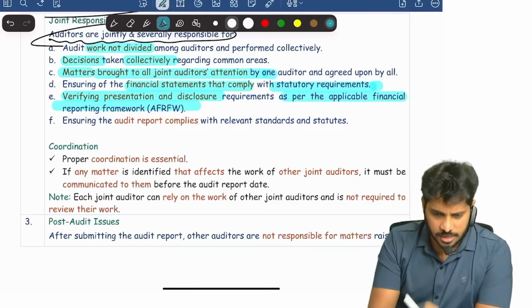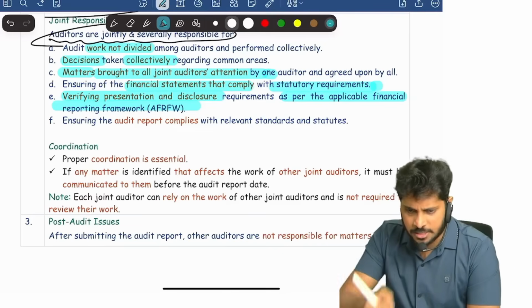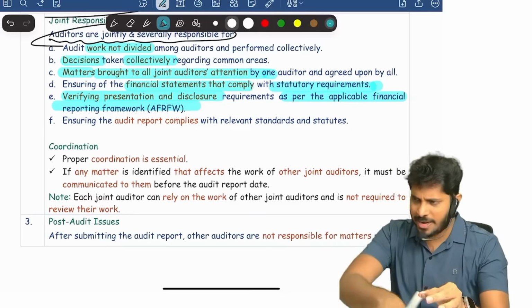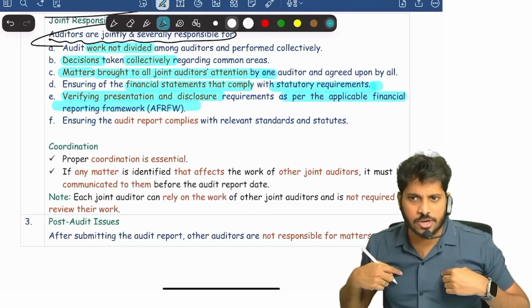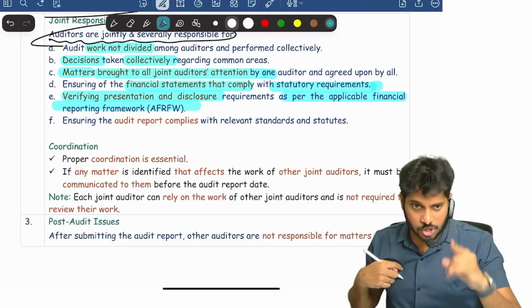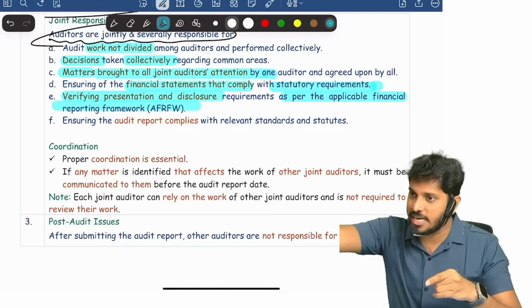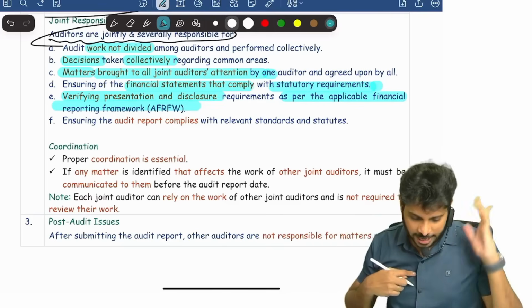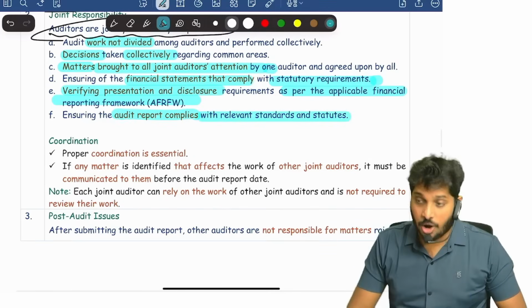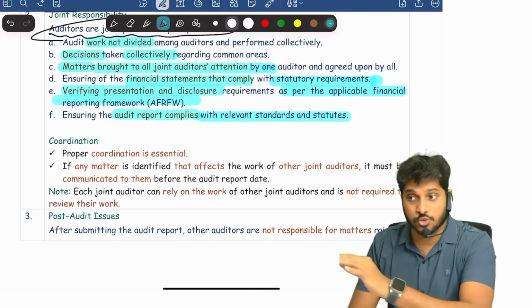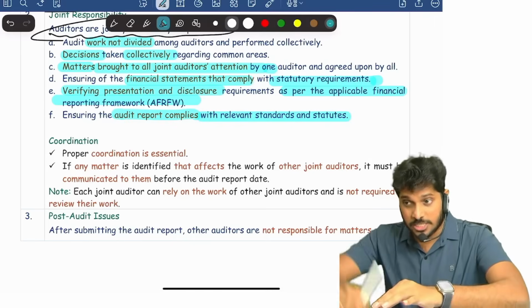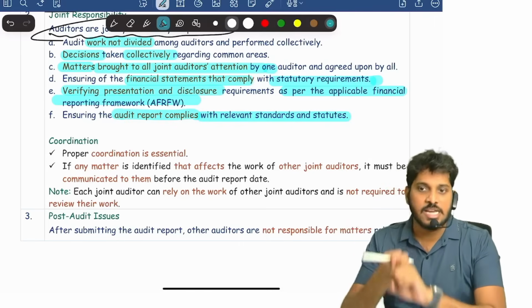To ensure that financials are prepared as per the applicable framework means ensuring that the balance sheet and P&L are prepared as per Schedule 3, and as per accounting standards. All joint auditors have to check it. And finally, the audit report given by them shall also be as per the law. Whether the audit report is as per law or not, all of them are combinedly responsible.